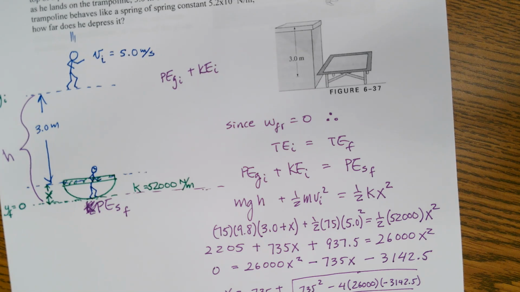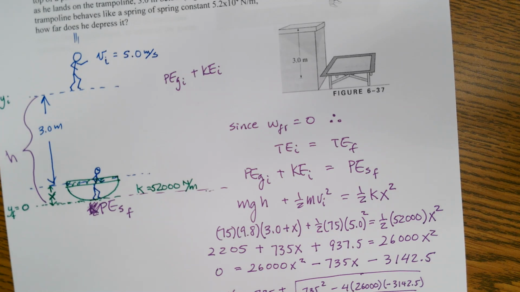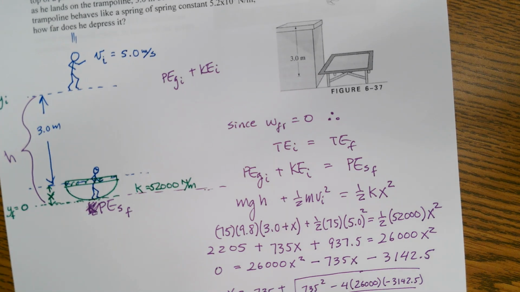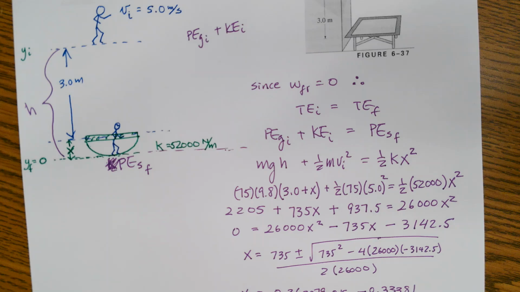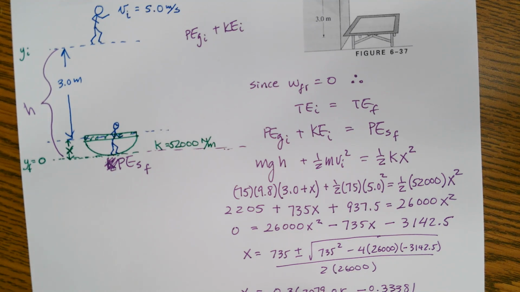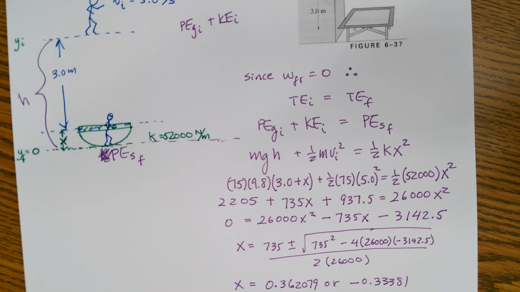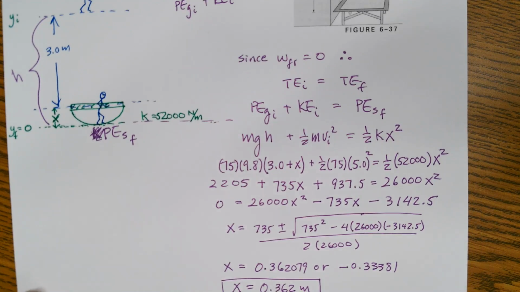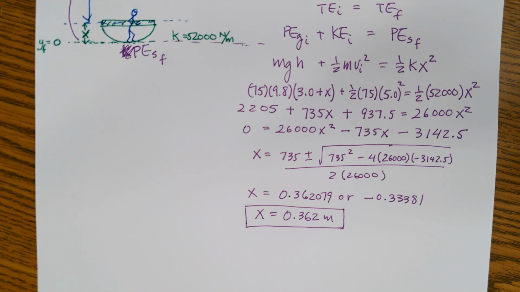And I get x is equal to two numbers: 0.362 or negative 0.333. So which one do you want to pick? You want to pick the positive one. So x is equal to 0.362 meters is how much it would depress or stretch out. So voila.